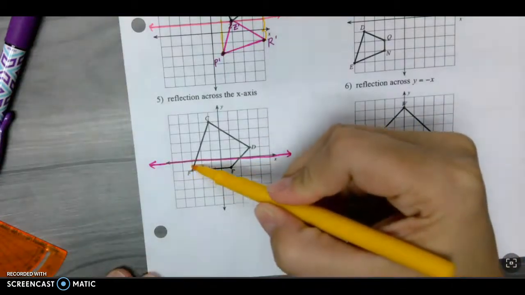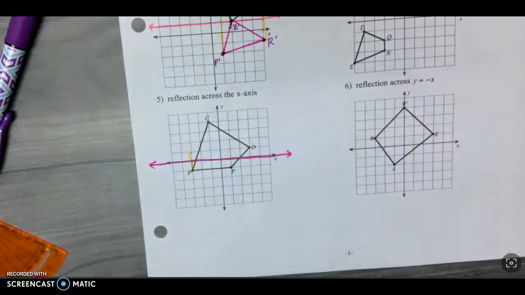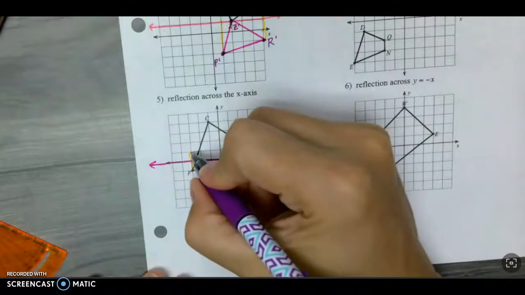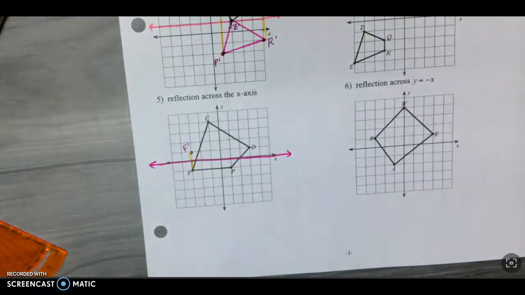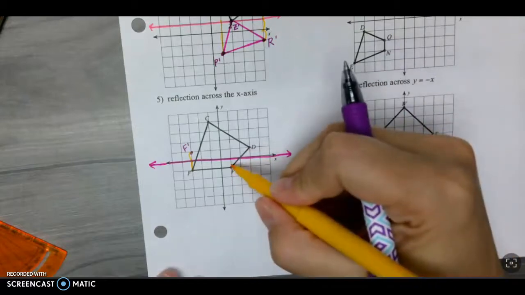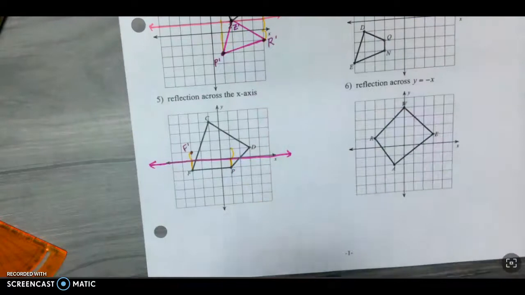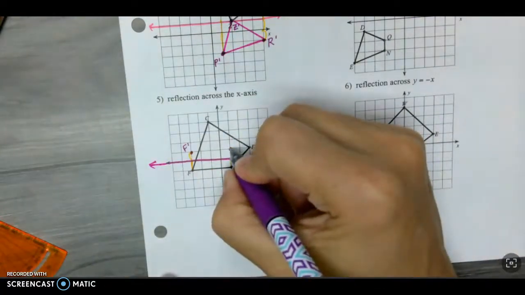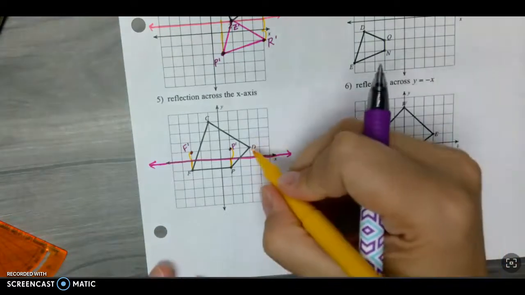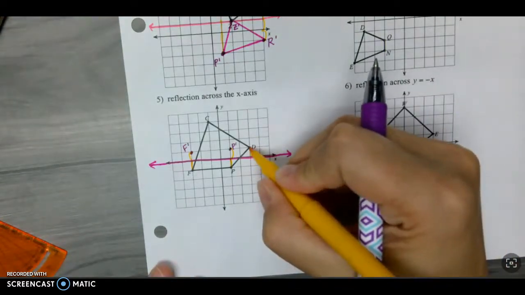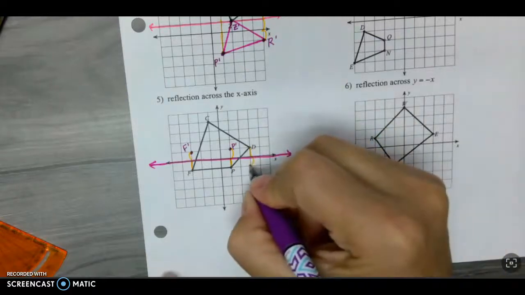So I say F is 1 below the line, so I want to have 1 above the line to find my new F, or the image of F, which is F prime. I would say the same thing with P. P is 1 below, and so I have to have 1 above to find the image of P. D is 1 unit above the line, so I'm going to have 1 below to get D prime.